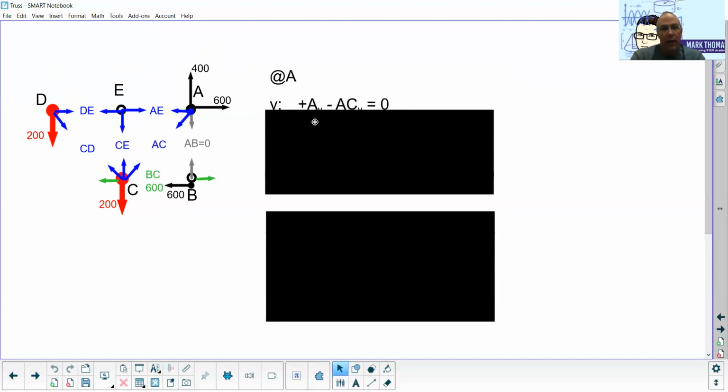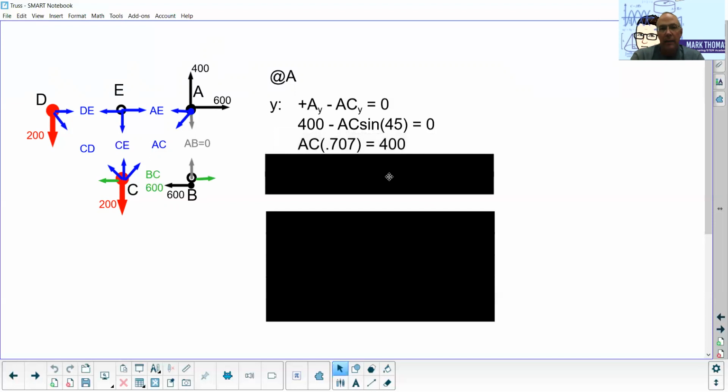So in the Y direction, we have our AY, which is this one, going up, and the Y side of AC going down. And so the Y side of AC, this is a 45-degree angle here because of our isosceles right triangle. And so ACY is going to be the hypotenuse or the magnitude AC times the sine of the angle. So we get AC sine 45. This was the value that I gave you earlier. Sine 45 is 0.707.